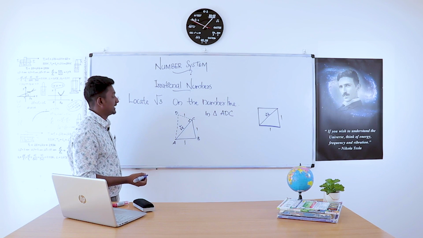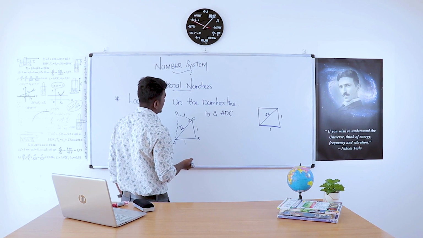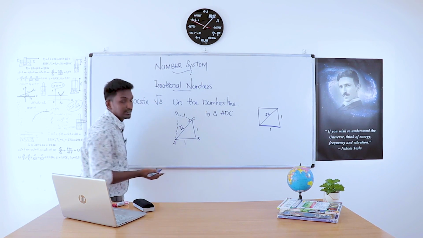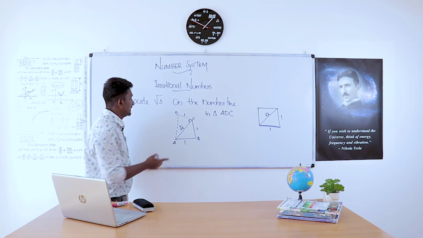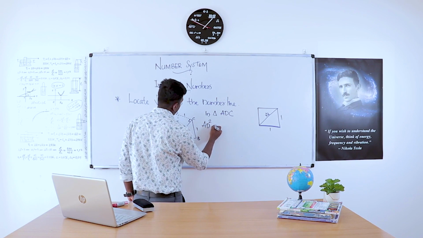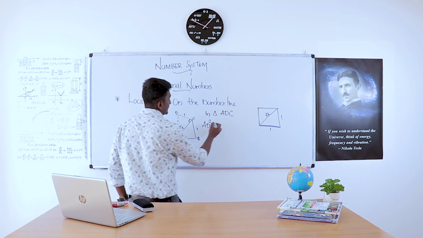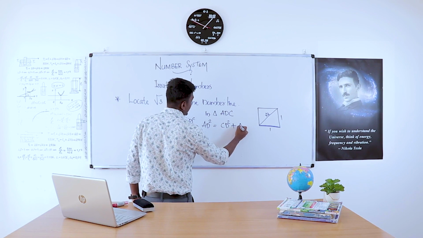In triangle ADC, again I am taking the Pythagoras theorem, that is hypotenuse square is equal to base square plus altitude square. Here the hypotenuse is AD, that is AD square is equal to CD square plus AC square.